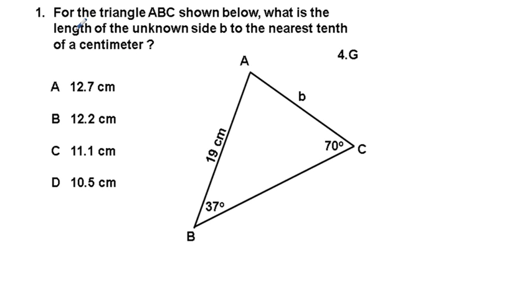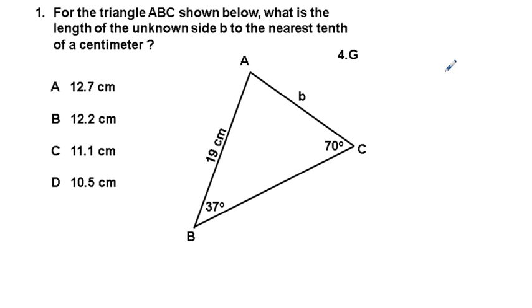For triangle ABC shown below, what is the length of the unknown side B to the nearest tenth of a centimeter? We have a known side opposite a known angle, so it's probably a law of sines application.